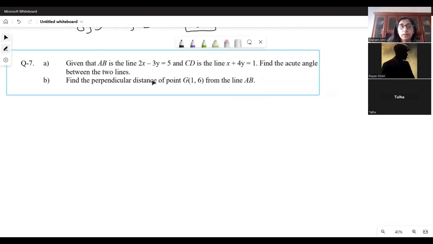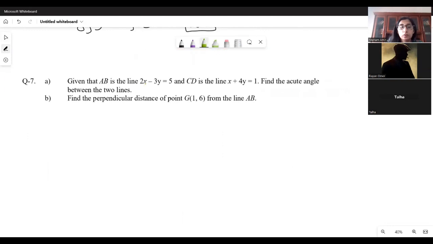Given that AB is the line 2x minus 3y equals 5 and CD is the line x plus 4y equals 1. Find the acute angle between the two lines. कैसे आता है angle between two lines? Miss, angle between two lines. Just by using the formula. Yes, what formula? Just one second.